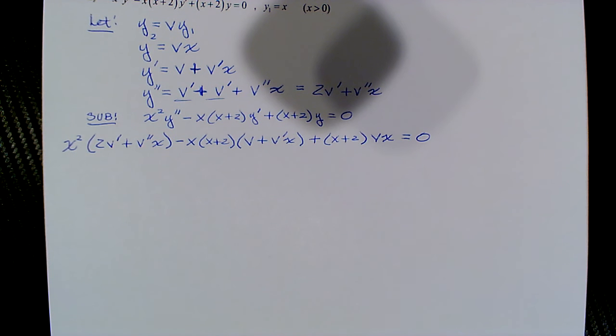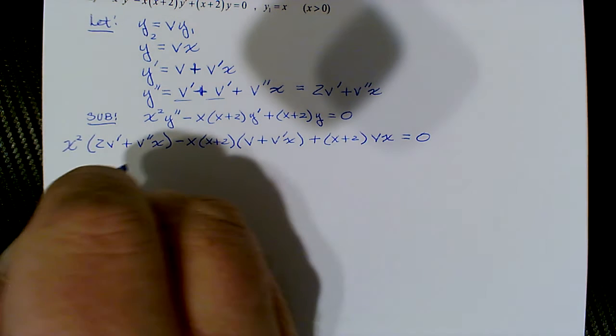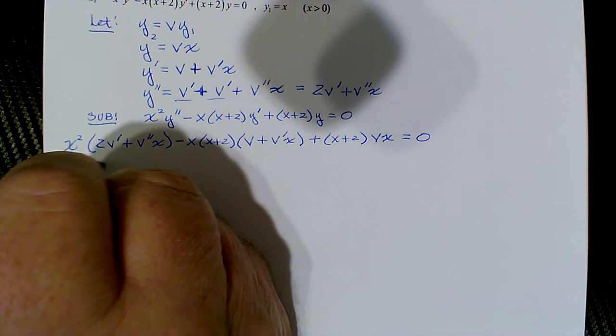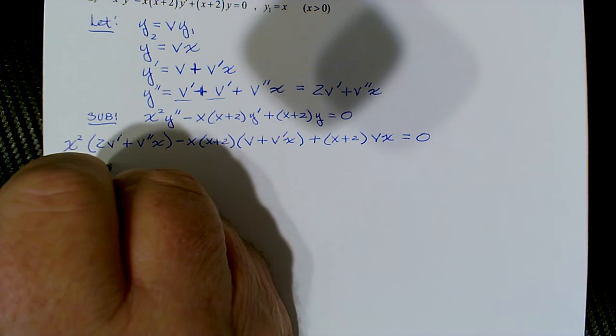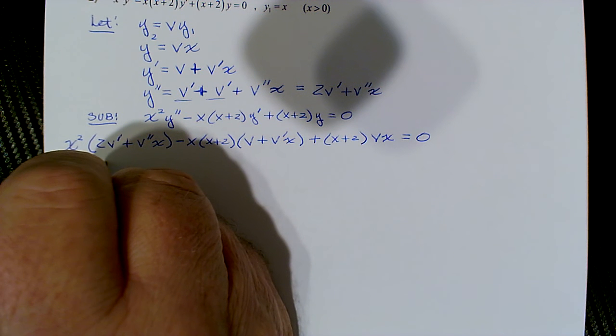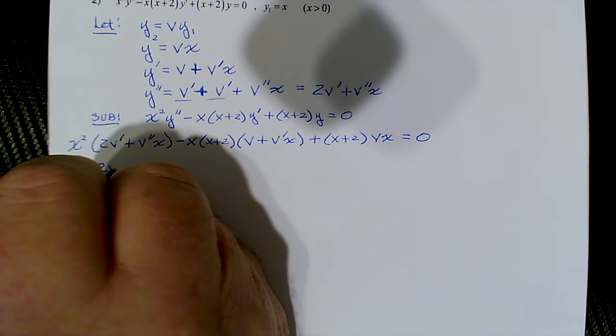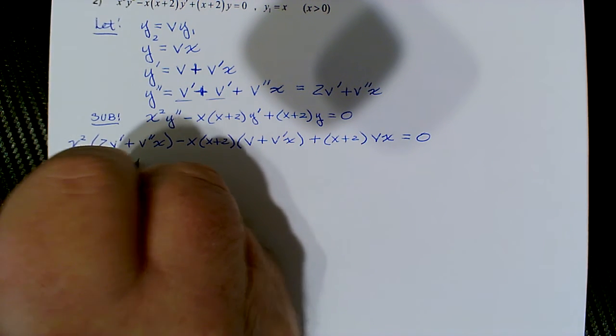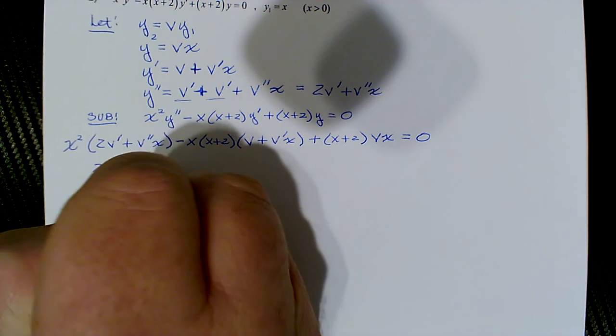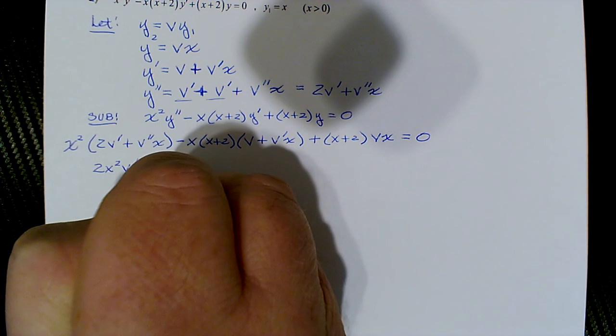Okay, at that point, just to make things simpler, let's go through the algebra. So distributing this x squared, we have 2x squared v prime plus v prime x cubed.